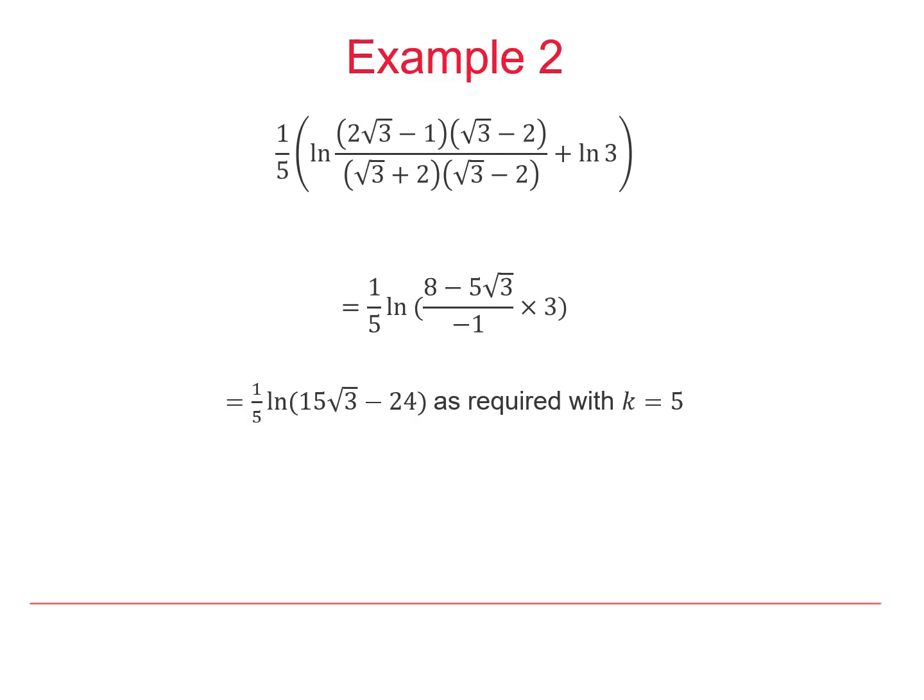Multiplying out those terms, we end up getting negative 1 on the denominator and 8 minus 5 root 3 on the numerator, and bringing the ln 3 inside the same natural log, we're multiplying by 3. As we multiply that through, we end up getting 15 root 3 minus 24, which was the form of the answer that we wanted, and this was going to be a 1 over k, so we've completed that with k equaling 5.